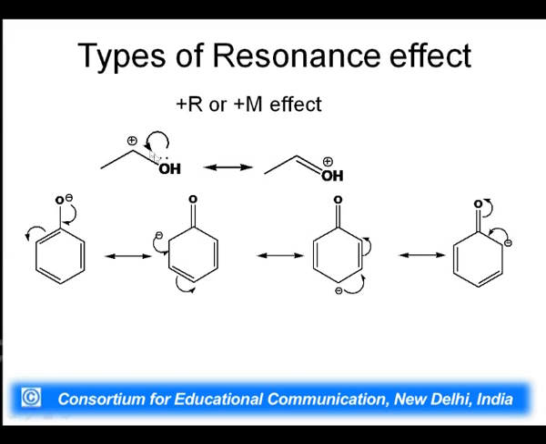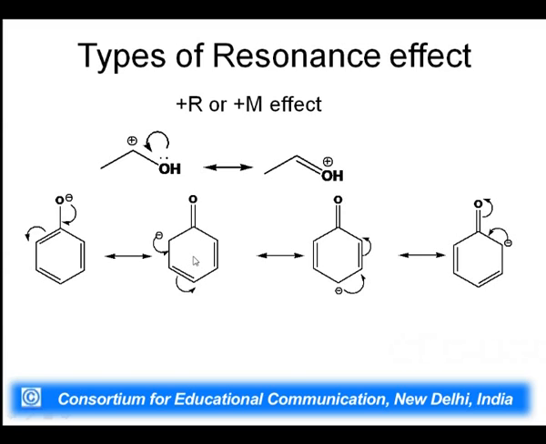So, why am I telling you this again in the plus R plus M effect? Because this O minus group is giving the electrons into the ring. You can see the arrows are moving inside the ring and the negative charge is dispersed into the ring. If we make a canonical hybrid of this structure, it will have the negative charge moving all through the ring, and we will have a minus charge in the ring itself.